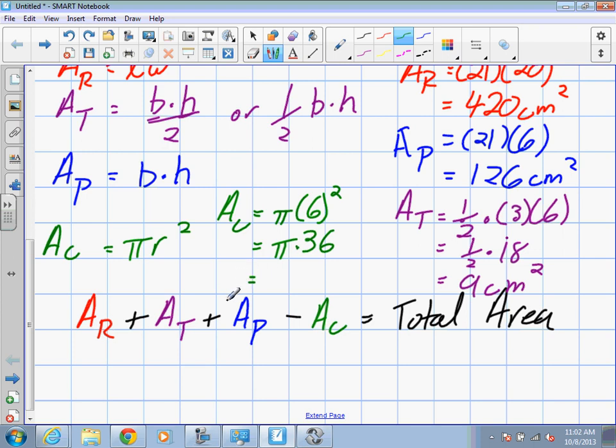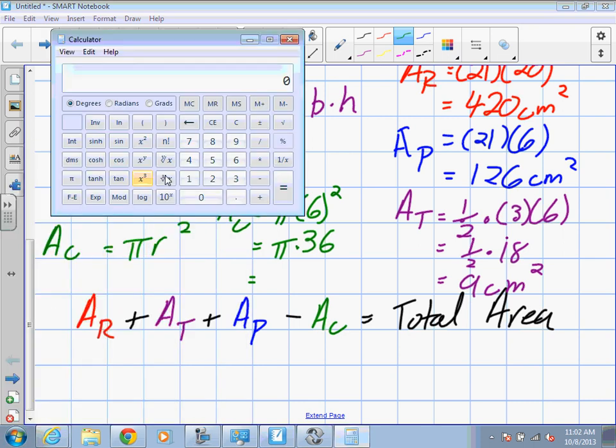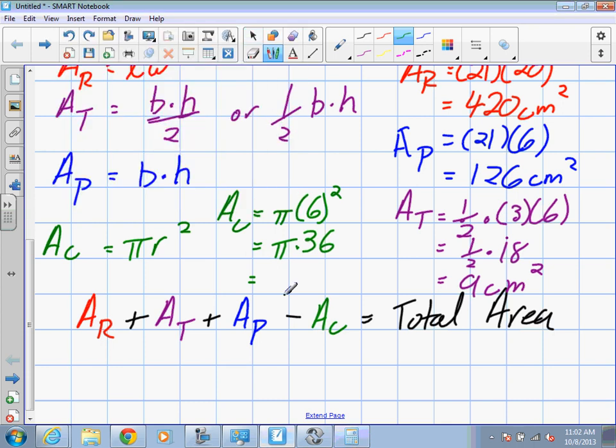I think I have one here. Let's see. Pi times 36, 113. That's a good estimate. 113 centimeters squared. Great. So we now have 1, 2, 3, 4.